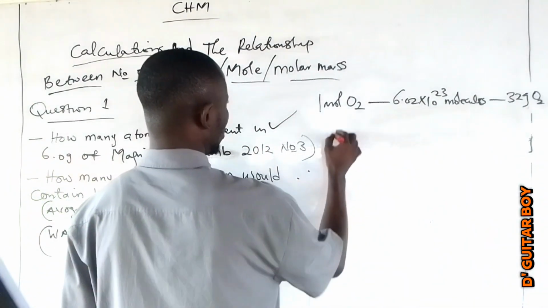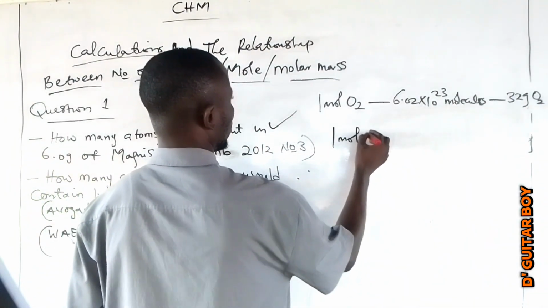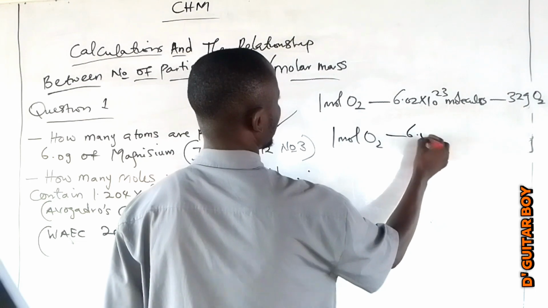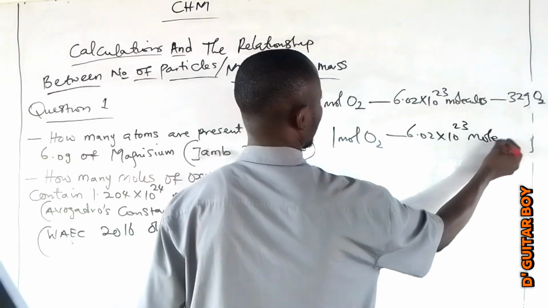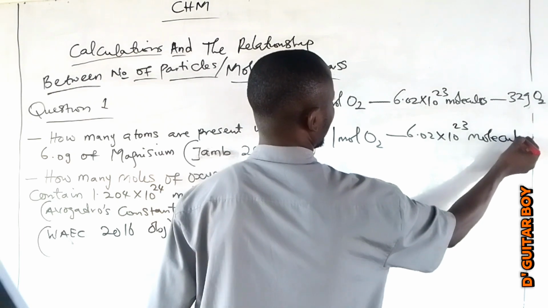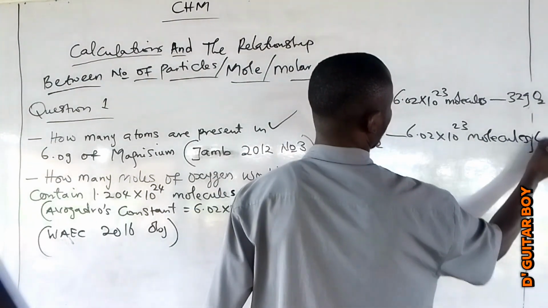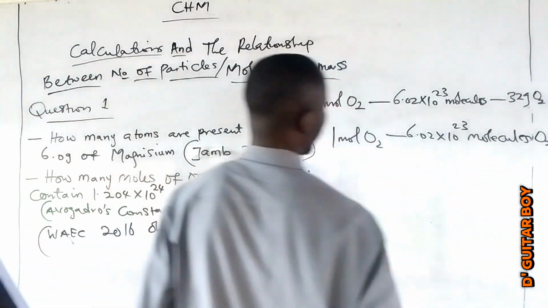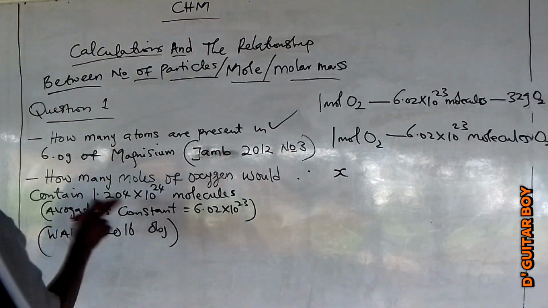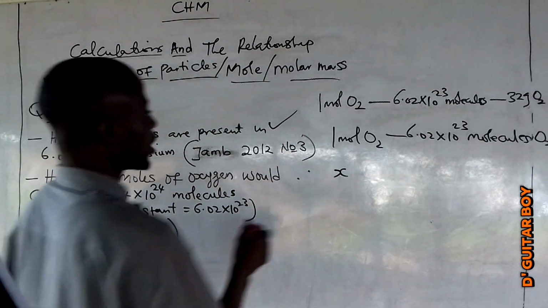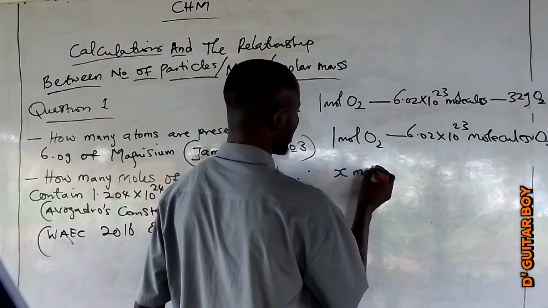So you now say, since 1 mole of oxygen gives us 6.02 times 10 raised to power 23 molecules of oxygen, then S mole, because we don't know the mole that will give us this value. They said how many moles will give us this value, so we say S mole, that's what we want to calculate.